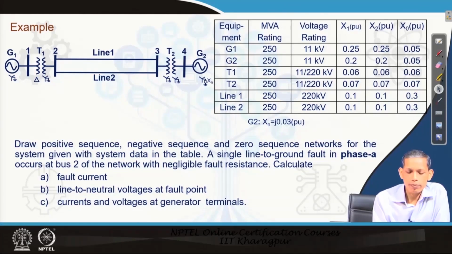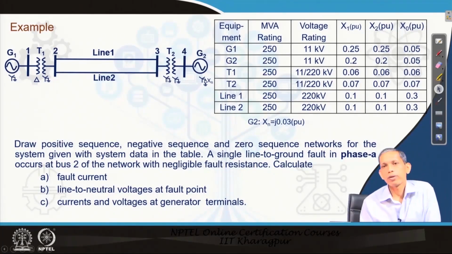This is a system where we have two sources connected by a double circuit transmission line, circuit 1 and circuit 2, and then they are connected by transformers T1 and T2. T1 here is connected delta to the generator side and star grounded to the line side, and the right hand side T2 is connected star grounded on both sides.